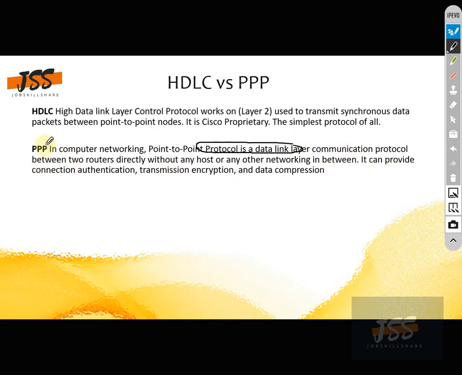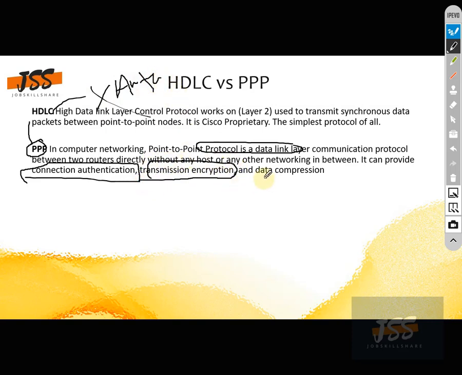The benefit PPP has over HDLC is that it can provide connection authentication, which means HDLC does not have any kind of authentication. It can do transmission encryption and data compression as well.